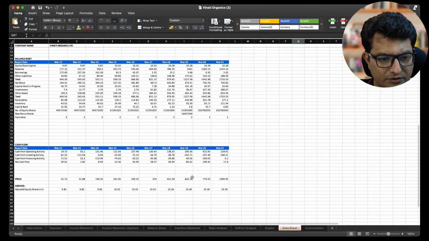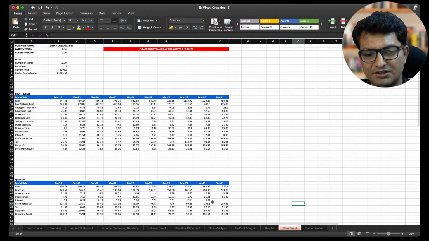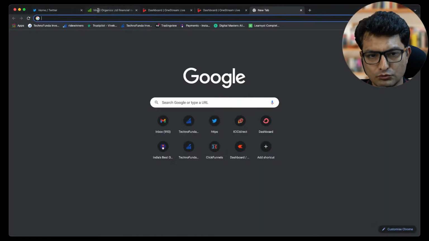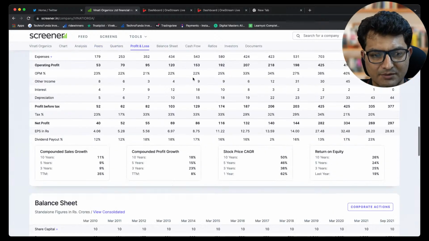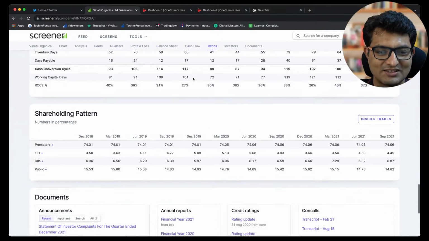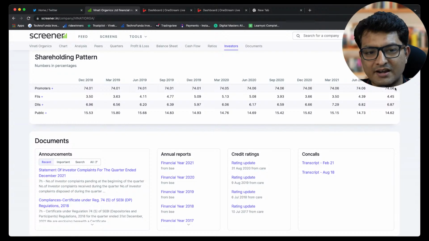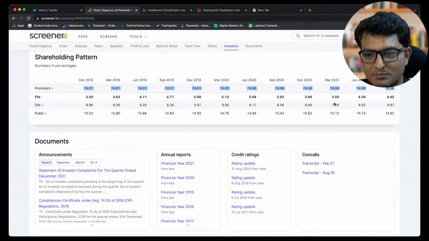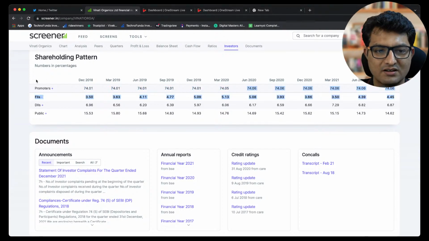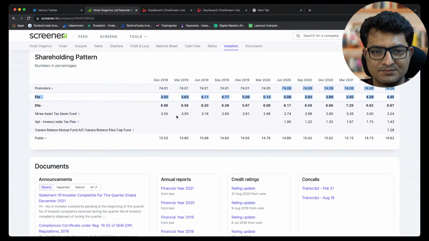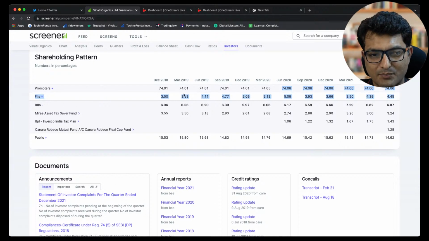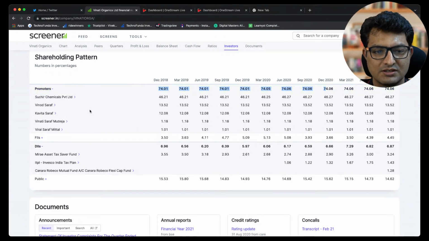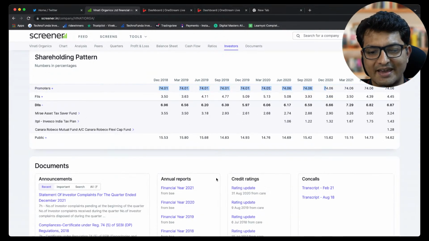They don't give it on this page, but you need to go to the screener module and see what kind of activities are there in the shareholding pattern: whether FIIs are buying on an increasing trend, whether DIIs or the mutual funds are buying, and what is happening with the promoter, whether they are buying or pledging. All these things you need to see.